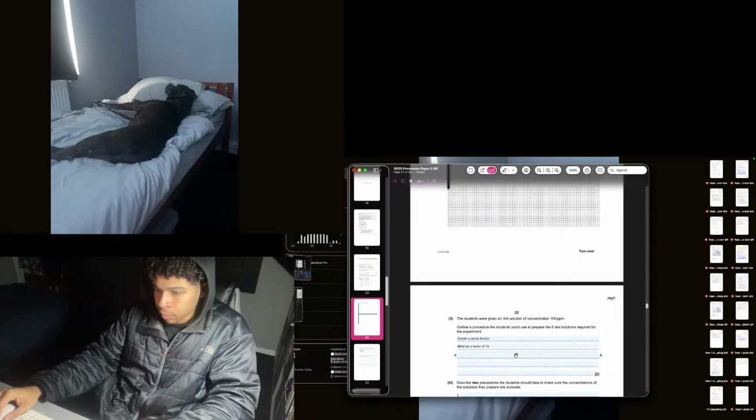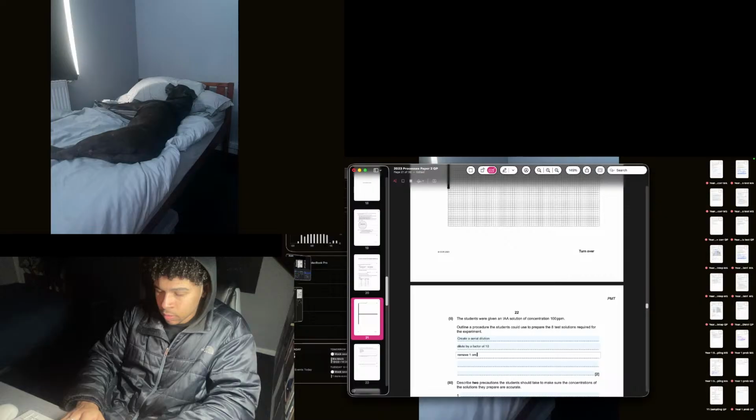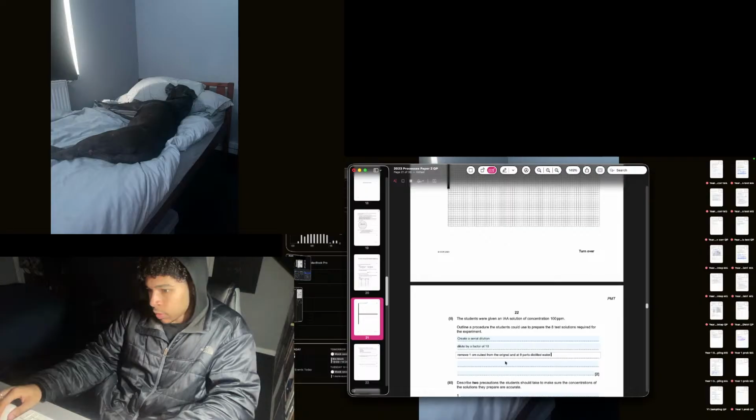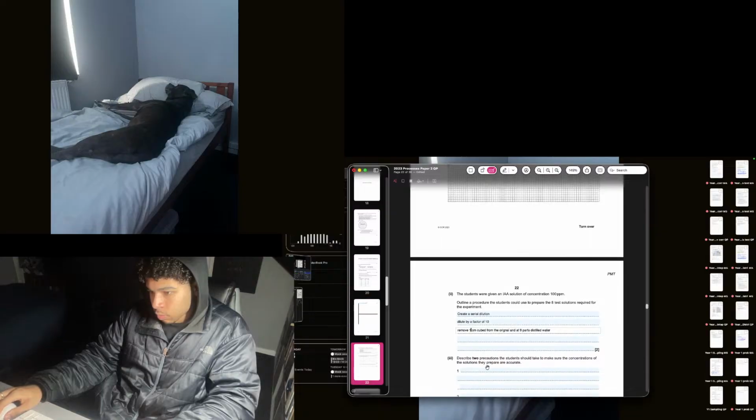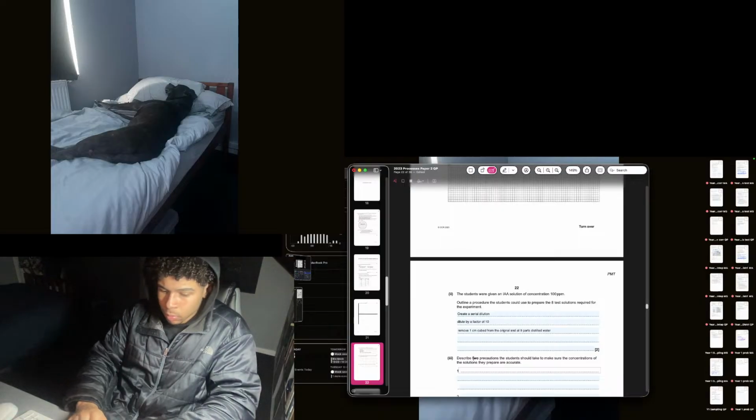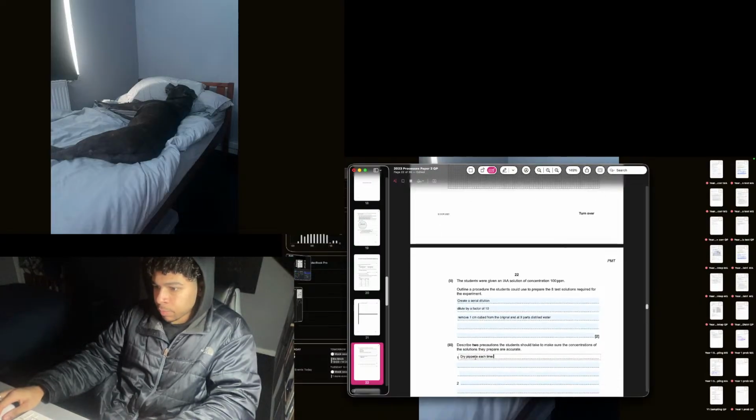So remove 1 cubic centimeter from the original and add 9 parts distilled water. Dry pipette each time.